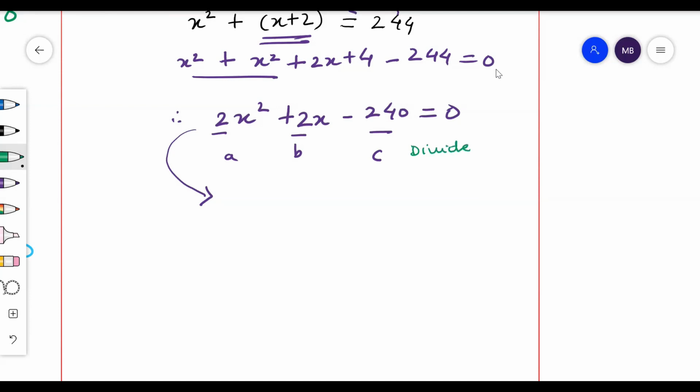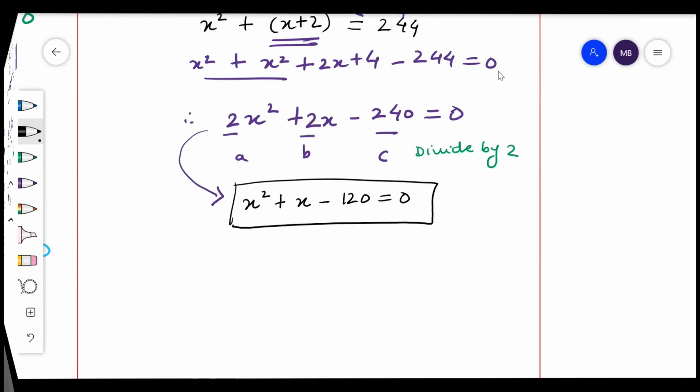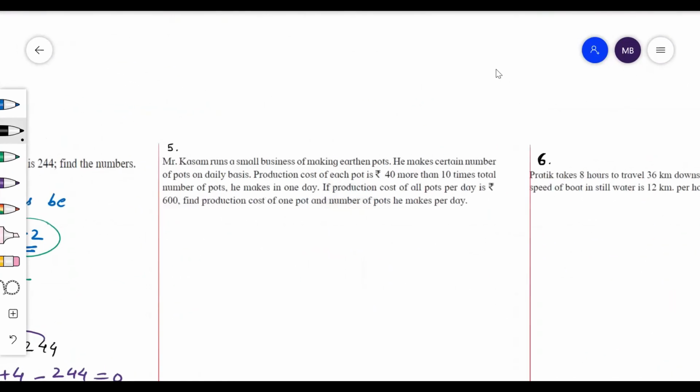So let's divide the equation by 2. The final quadratic that we get is x square plus x minus 120 equal to 0. So this is your required quadratic equation. We can solve this. Now this is your work to do. Okay, let us see one more situation.